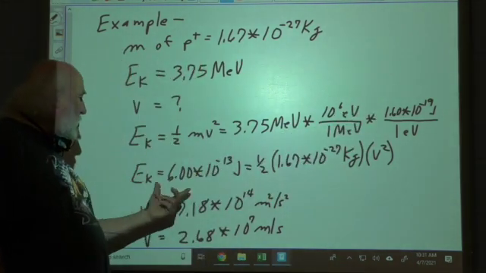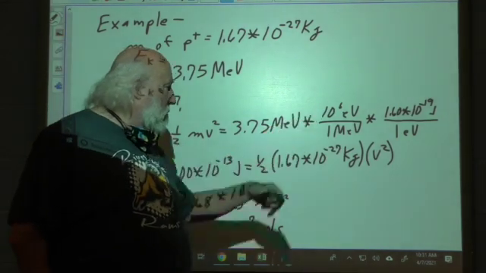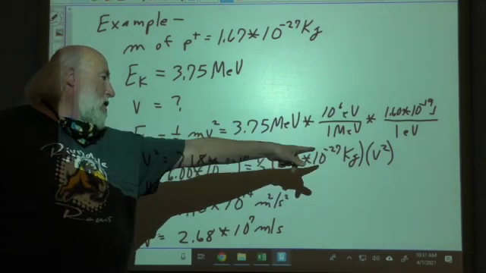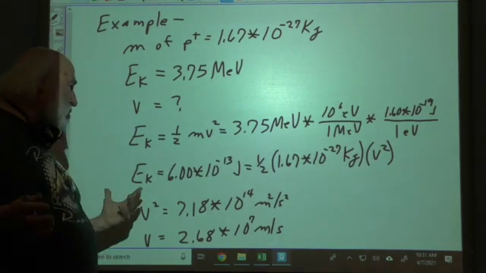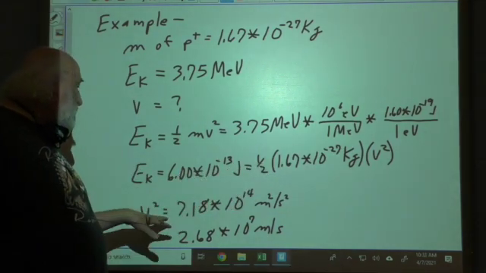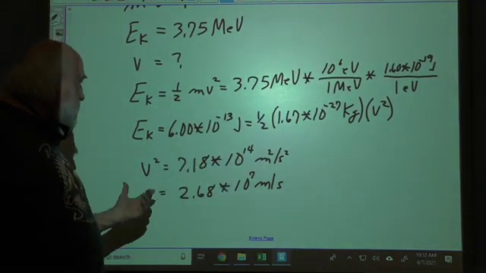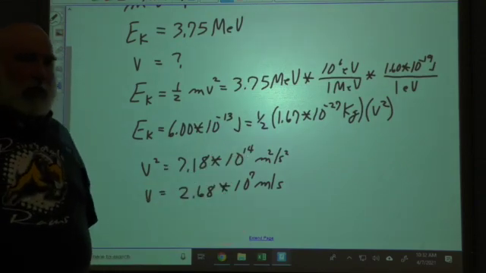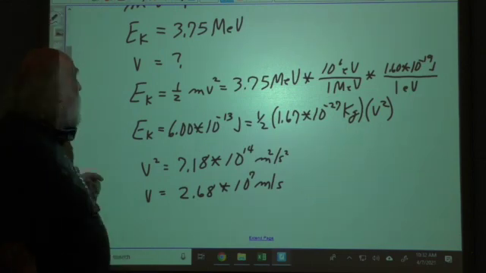So the kinetic energy turns out to be 6.00 times 10 to the negative 13 joules when we multiply all that together. And that's going to equal 1/2 the mass, which is the mass of the proton, times its velocity squared. And again, the basic algebra problem, clear out this stuff over here, bring it over here by dividing by those two quantities. We get a v squared of 7.18 times 10 to the 14th meters squared per second squared. Take the square root of both sides, get 2.68 times 10 to the 7 meters per second. Very, very fast, but not as fast as the speed of light, thank goodness, because that couldn't happen.